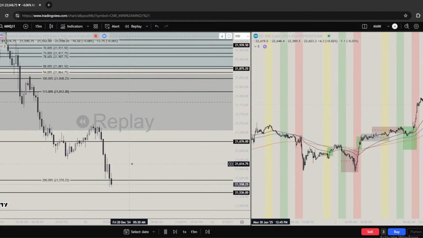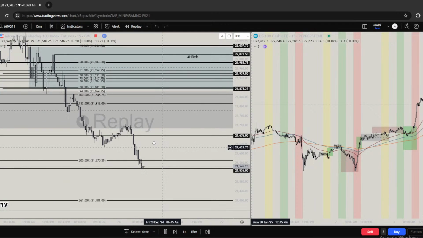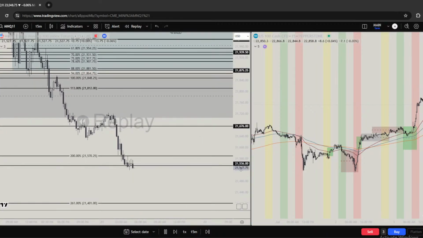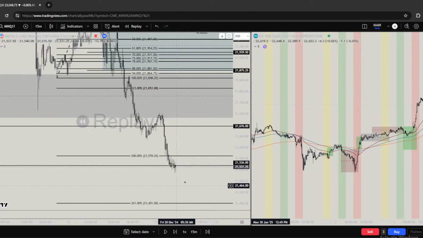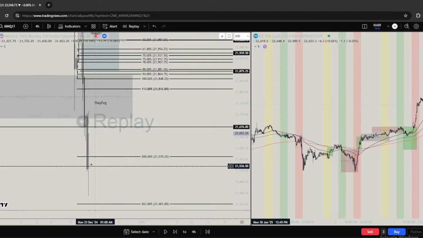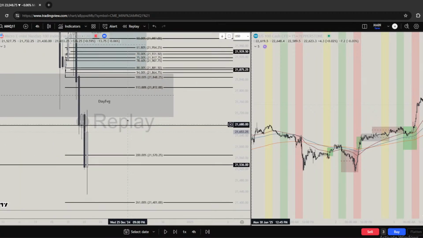We just rejected off this, it's 200. Rejected off a daily.